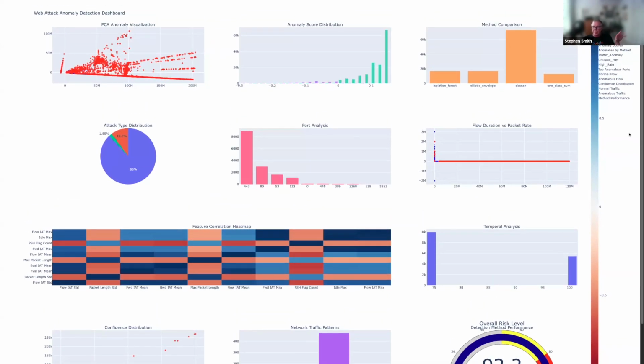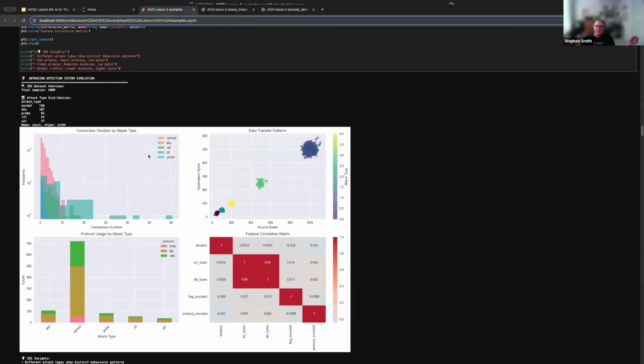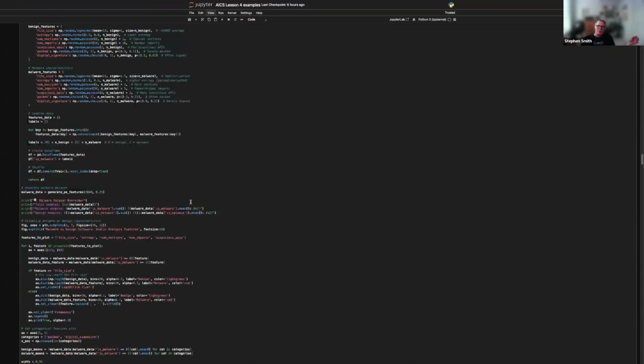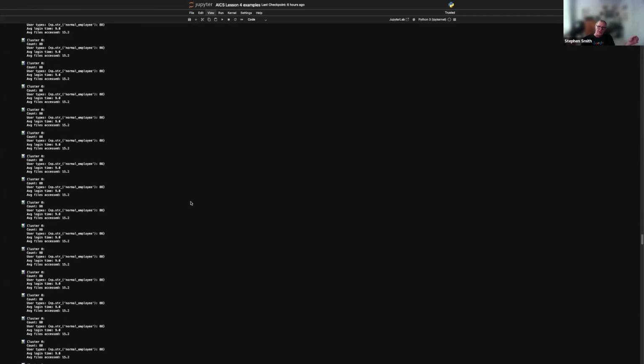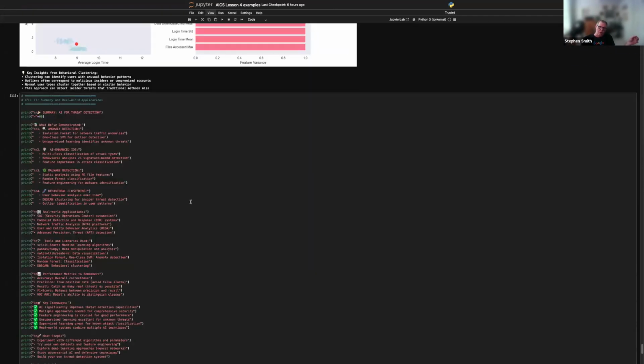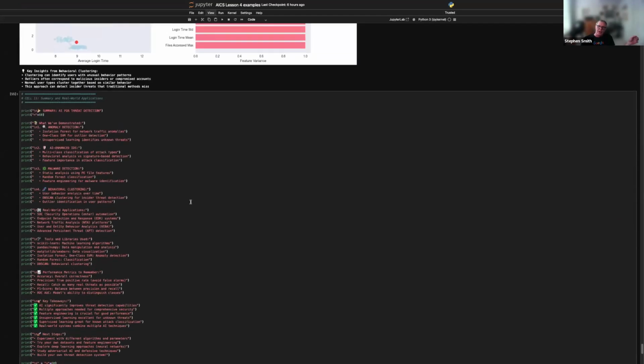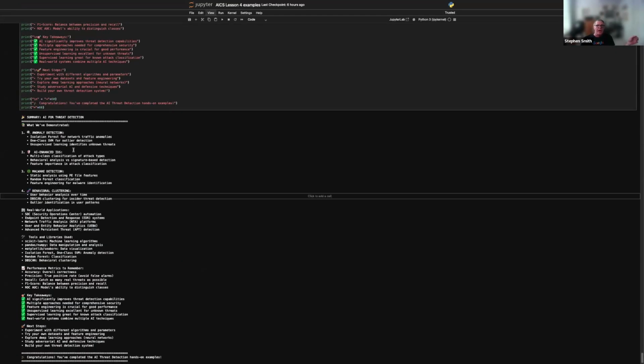I'm not a Python developer, but I can do this stuff because I have the ability to hack stuff that AI gives me and get results. So this is all based on that same synthetic data set that we just looked at. And it takes what we have here in this notebook and puts it in a dashboard, right? So this is how you get from your proof of concept to what we're looking at here. All right. So that was a lot. Got a few minutes left for questions.